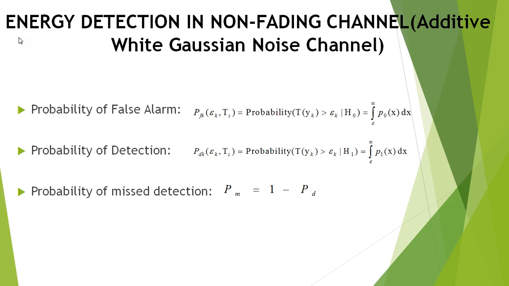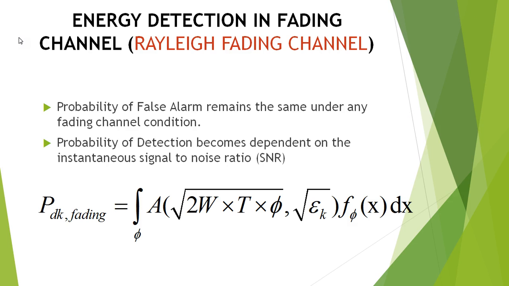PD is the probability of detection, which defines the probability of the sensing algorithm correctly detecting the presence of the primary signal under the hypothesis H1.